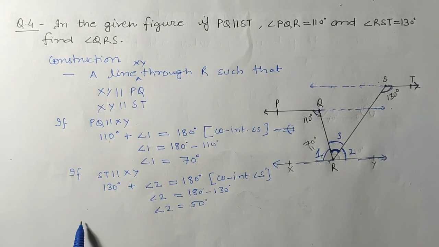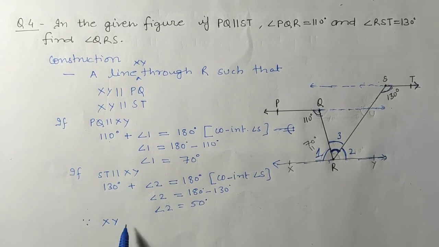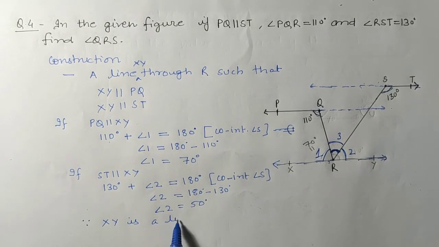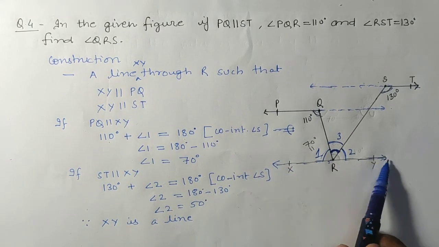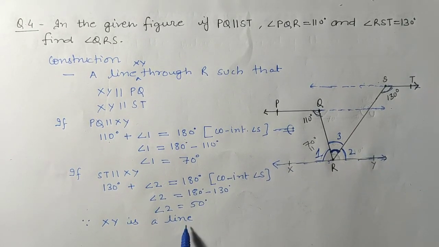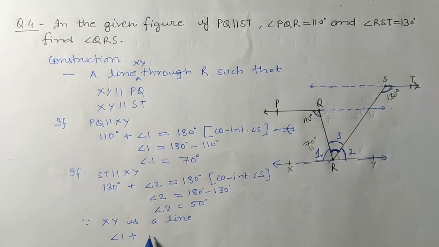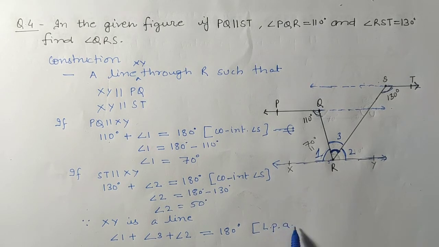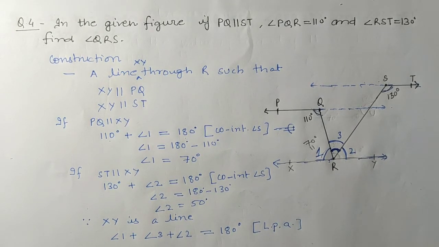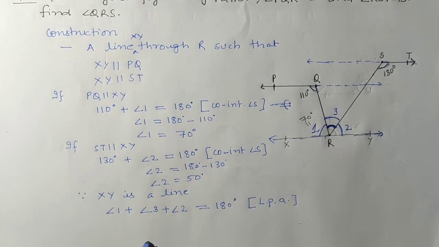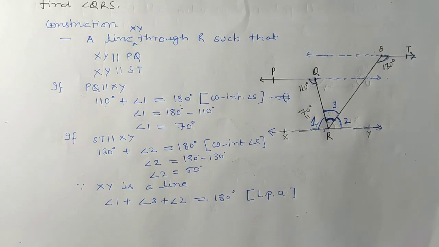Now students, since XY is a line, we have drawn a line XY. Since XY is a line, the sum of all these angles, means angle 1 plus angle 3 plus angle 2, should be equal to what? 180 degree. Why? Because of the linear pair axiom. By the linear pair axiom, the sum of all these angles should be equal to 180 degree.